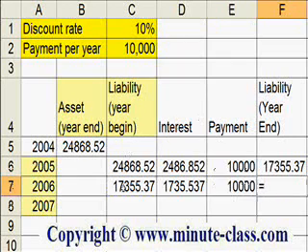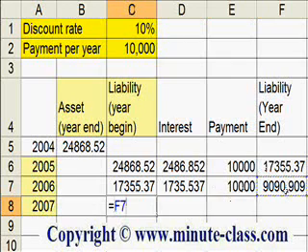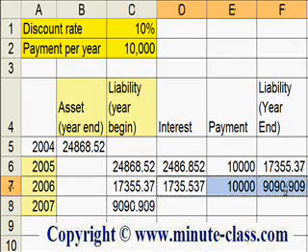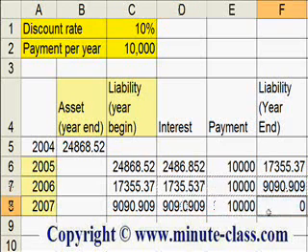So the year-end liability will be the beginning one plus interest minus the payment, same as what we did for 2005. Similarly, we do the same thing for 2007. We copy the liability at the end of 2006 to the beginning of 2007. And then we also copy the way we did the interest payment and also the ending liability.